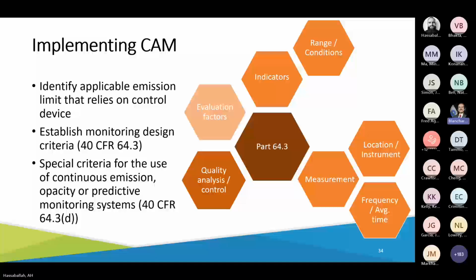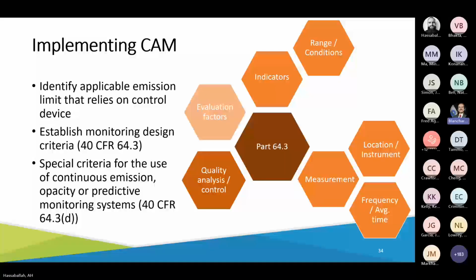We need to recall that the general criteria for monitoring design found under 40 CFR 64.3 is to provide a reasonable assurance of compliance with emission limitations or standards for the anticipated range of operations at a pollutant-specific emissions unit. And we have some special criteria for the use of continuous emission, opacity, or predictive monitoring systems also included under 64.3(d).